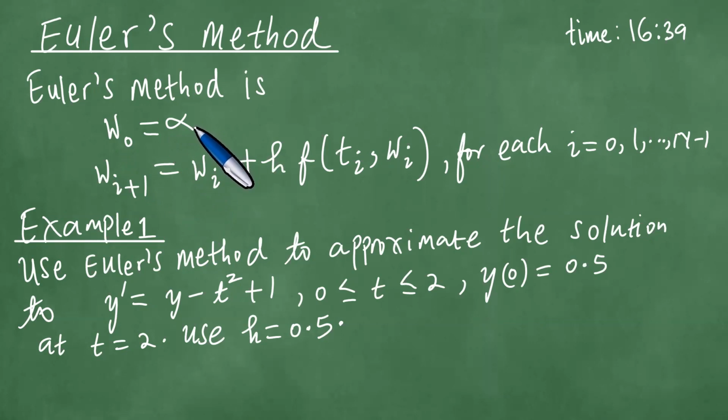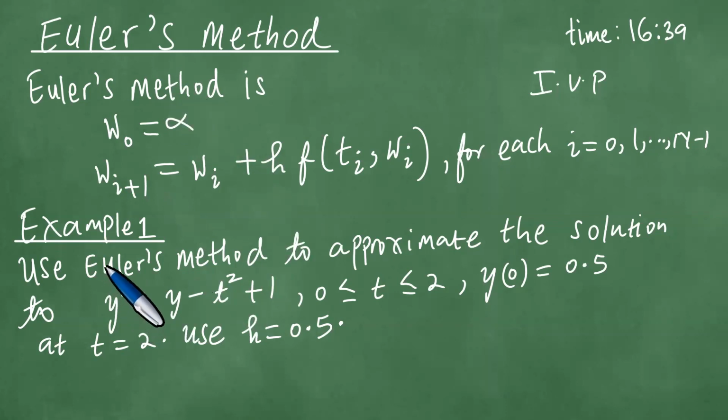So these are initial value problems we're dealing with. We need to understand that Euler's method is for solving what we call initial value problems, IVPs. So this becomes the initial value, and this one here becomes the relation we use to solve the problem at hand, because we're given a problem and we must be able to solve it.